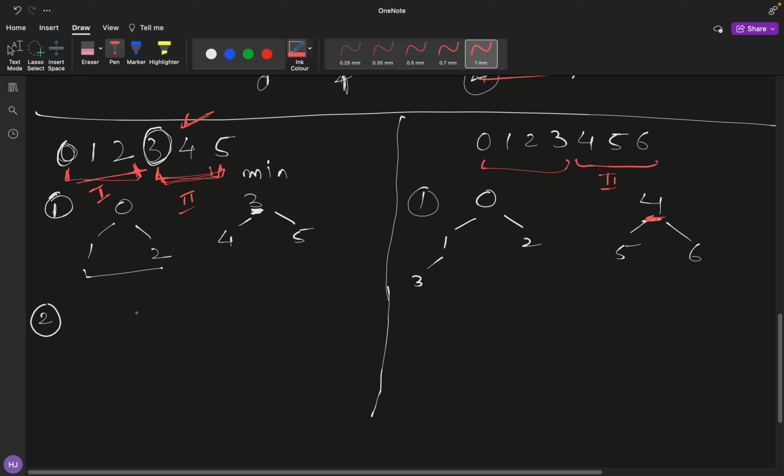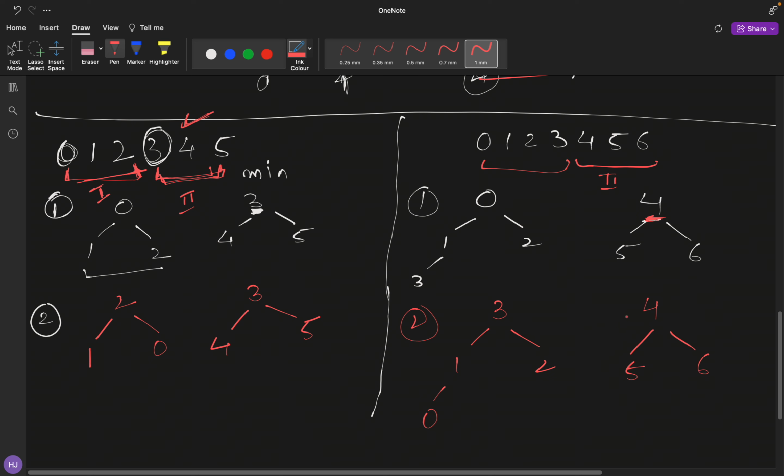So let's use a max heap and a min heap. If I use max heap 0, 1, 2 and a min heap 3, 4, 5, now it comes out to be 3, 1, 2 and then 0, and it comes out to be 4, 5 and 6.